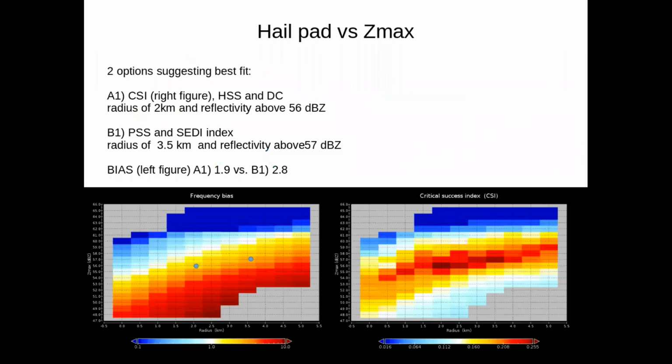From them, we will show just some, like comparing the hail and maximum reflectivity. We found two similar suggestions.